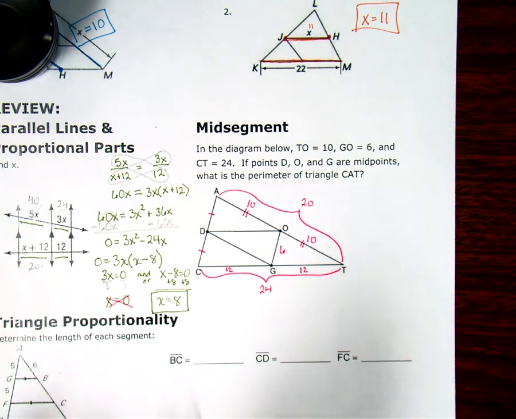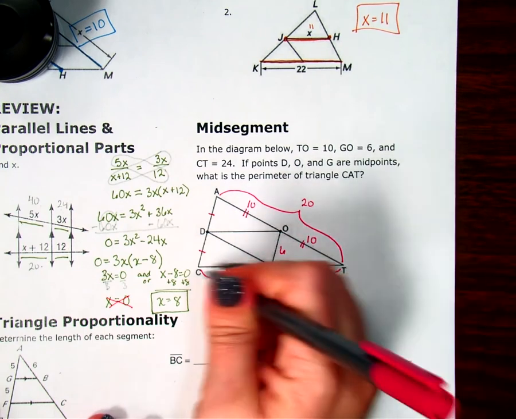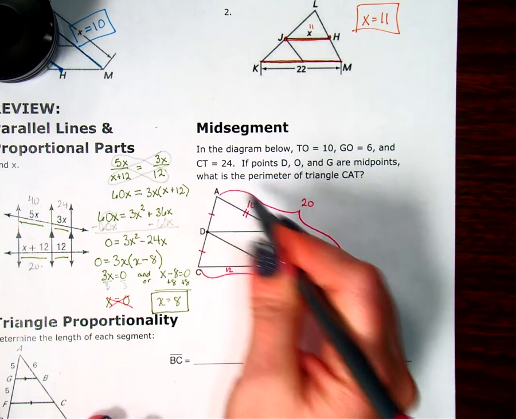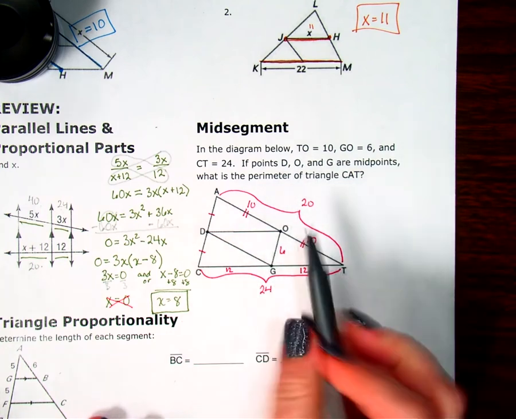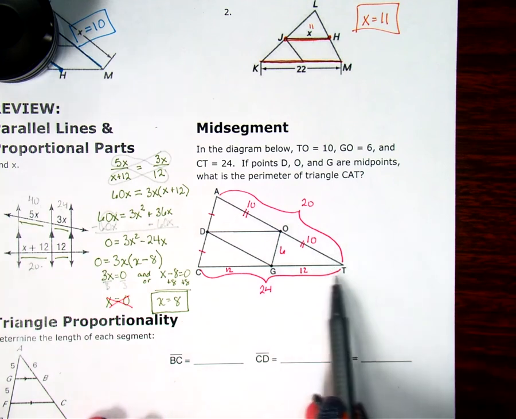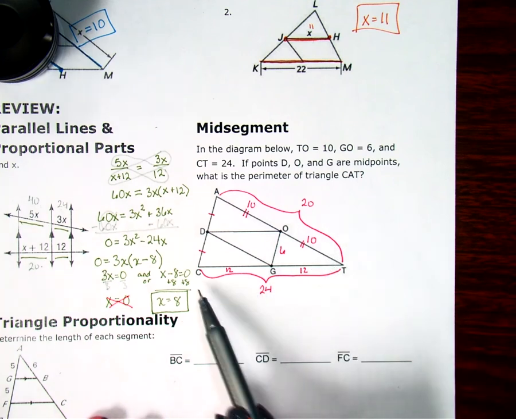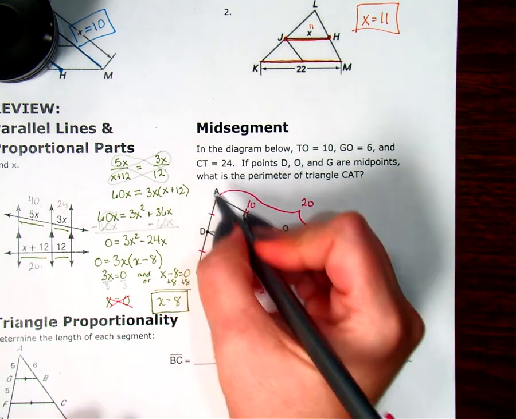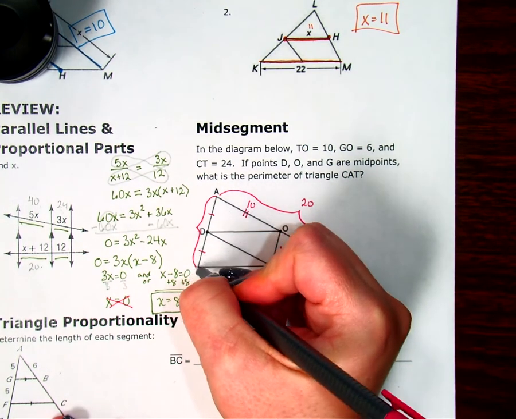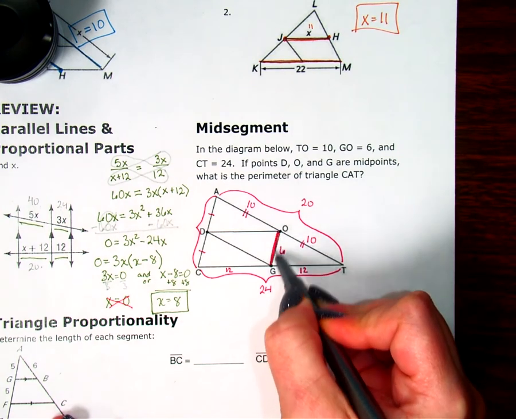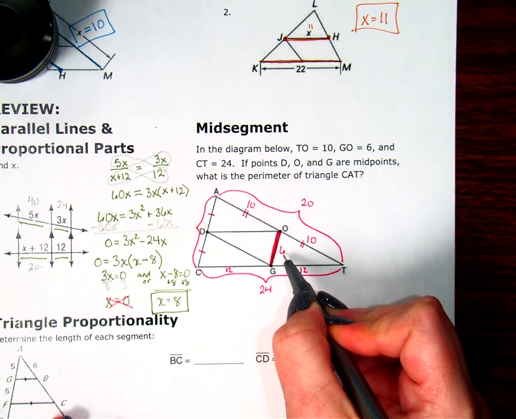So CAT is my whole big giant triangle. So if I want to know the perimeter of the whole big giant triangle, I need to add the three sides together. I already know that this one is 20. I already know that this one is 24. I need to know how long this side is. Well, remember, this side is going to be twice as long as the parallel midsegment, which is 6.